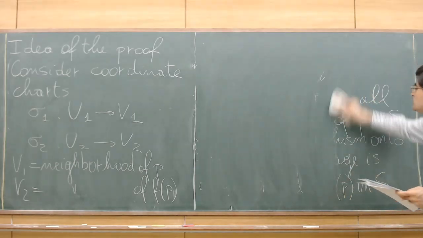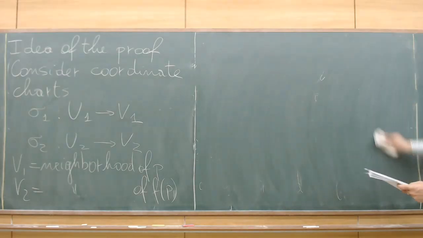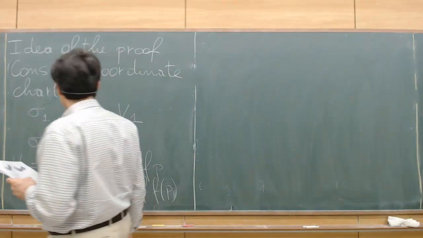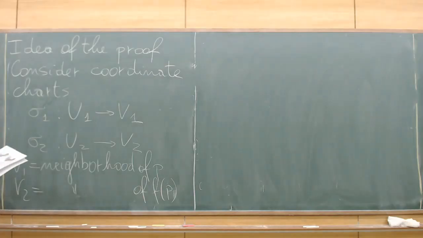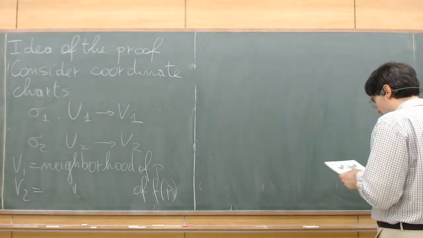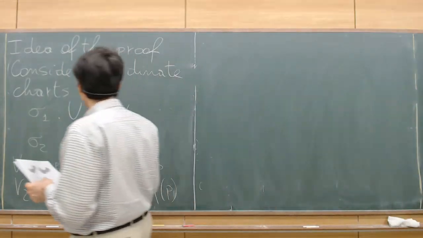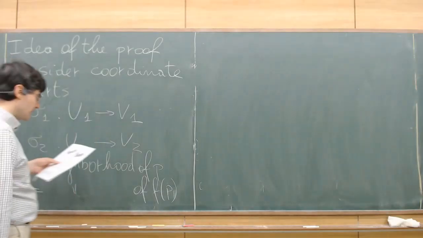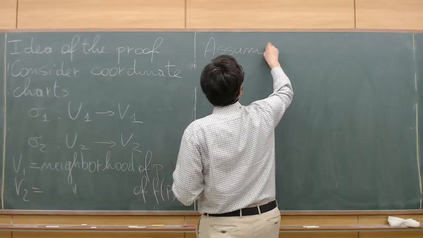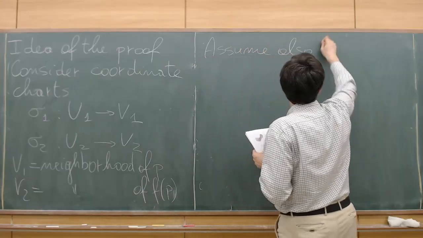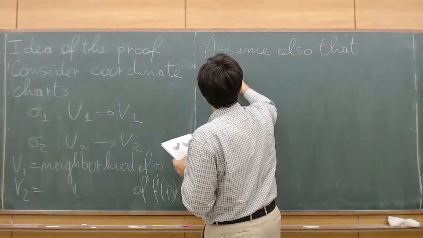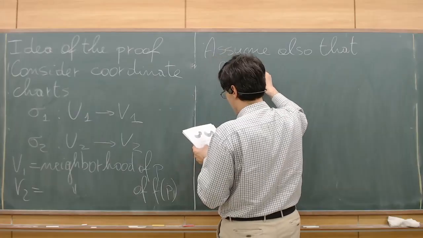Up to shrinking these sets, precisely U1 and V1, we can assume also that f of V1 is contained in V2.